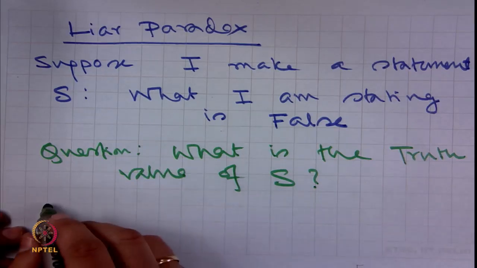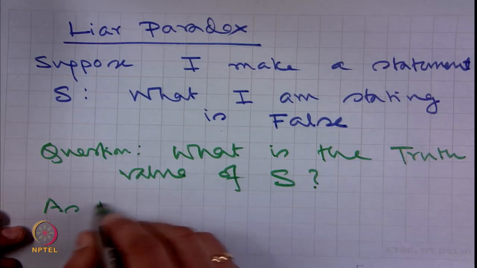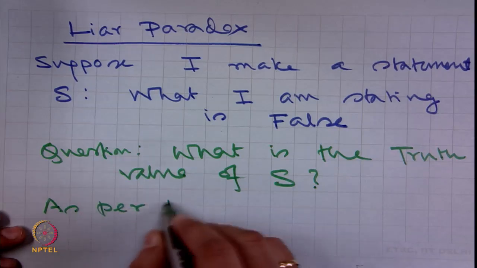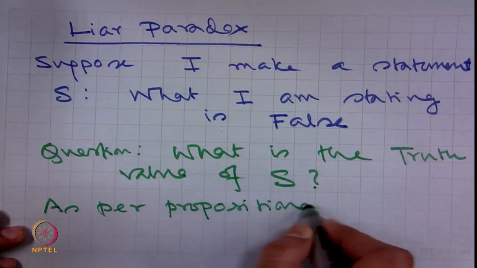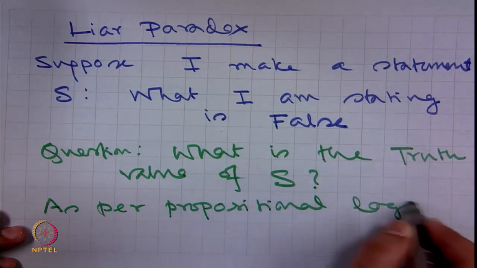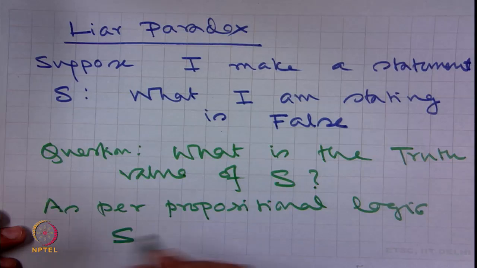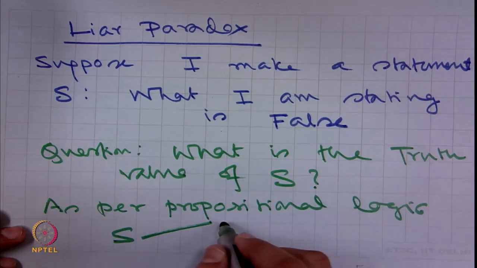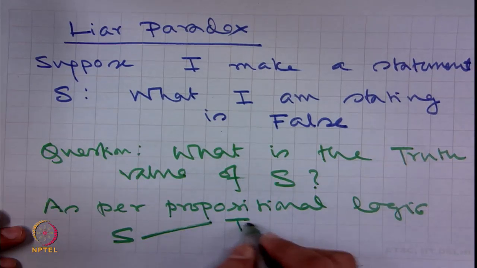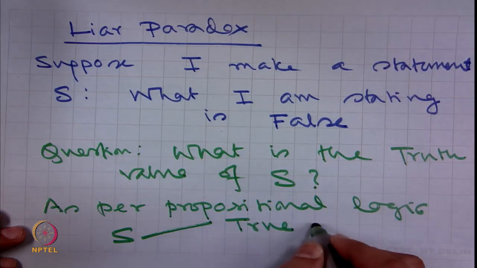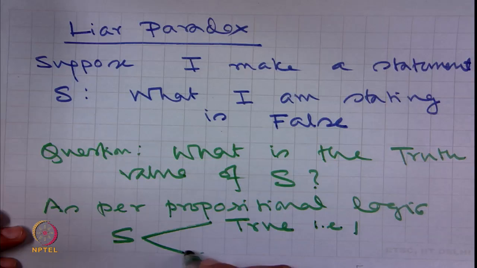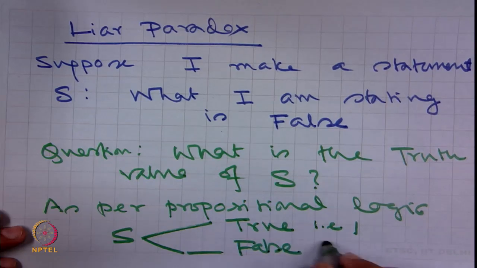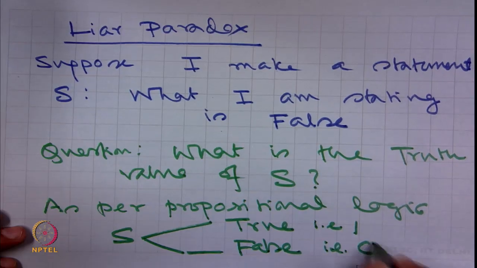As per propositional logic, S can have two truth values, true, that is 1, or false, that is 0.